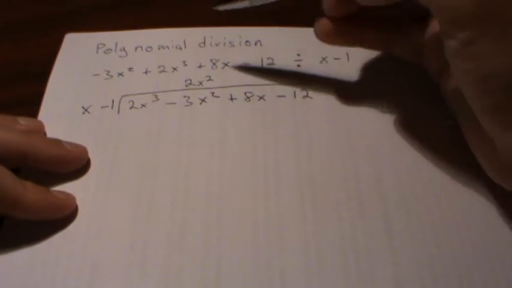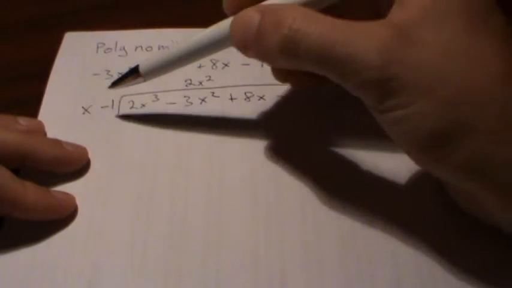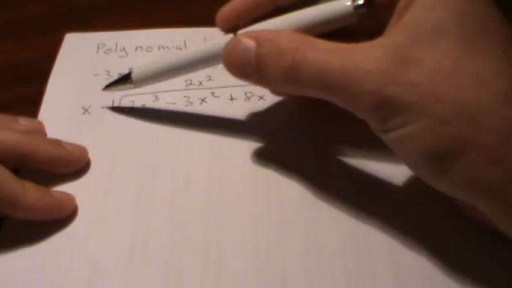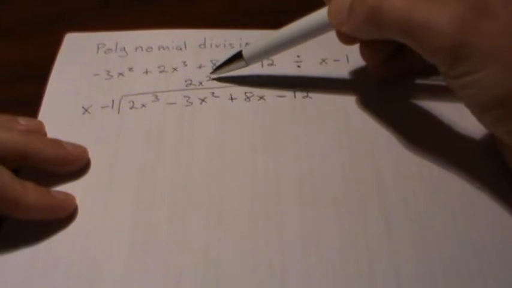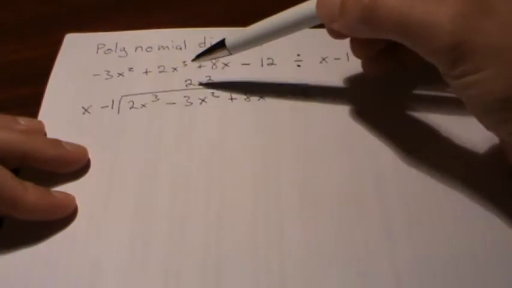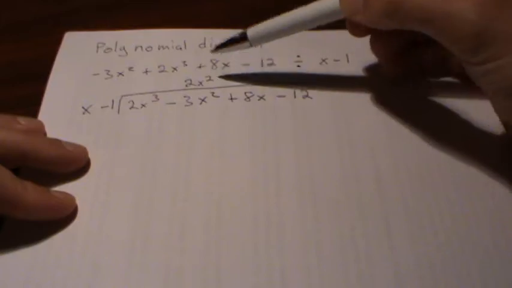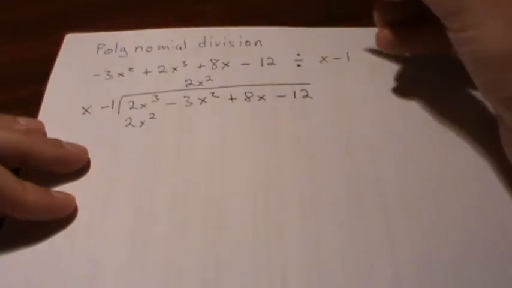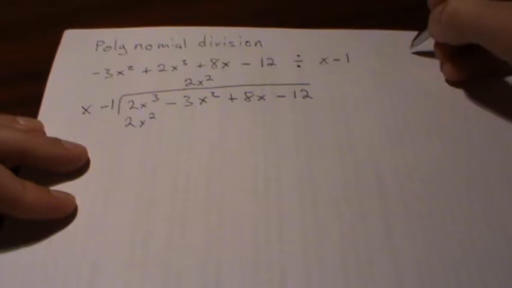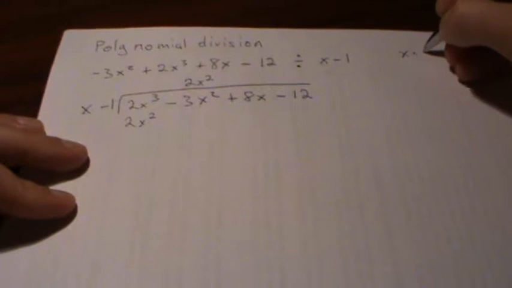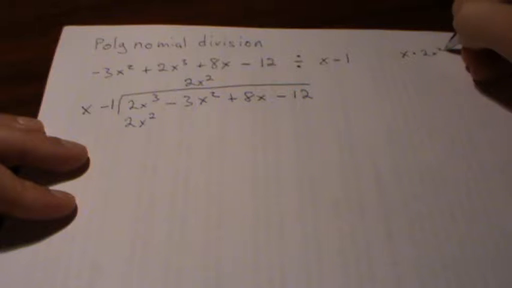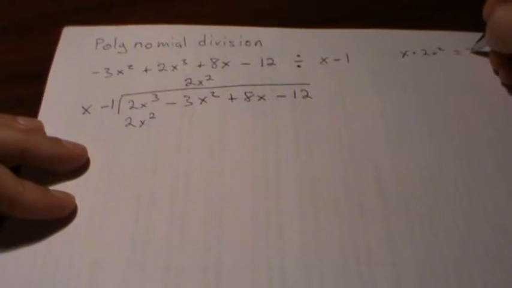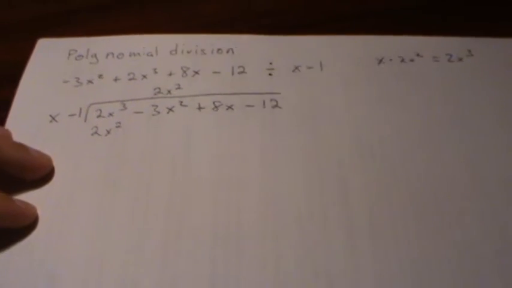Okay, and so now what we want to try and do, notice I'm taking the x and multiplying it by 2x squared. So x times 2x squared is going to be 2x to the third, because, as we know, x times 2x squared equals 2x to the third.